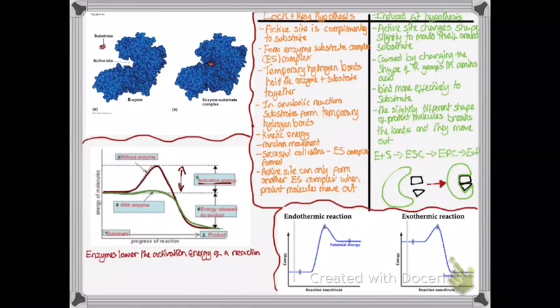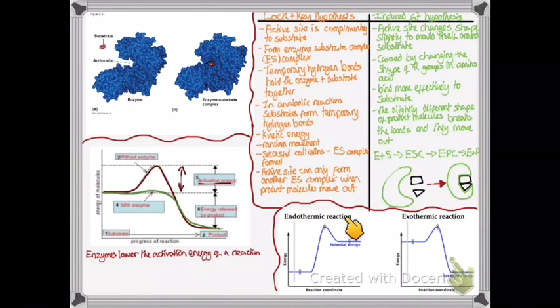The important difference is over here. Without an enzyme, we've got a huge amount of activation energy needed to start the reaction. With an enzyme, look how little activation energy is required. So enzymes lower this activation energy, meaning they increase our metabolic rate and rate of reaction.